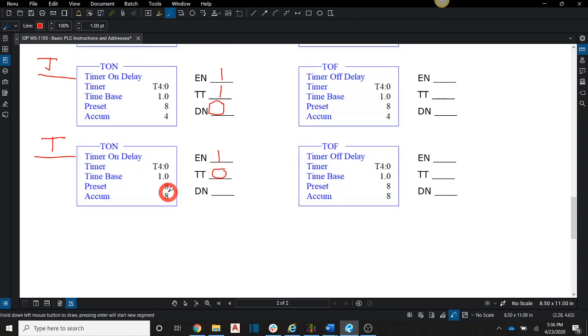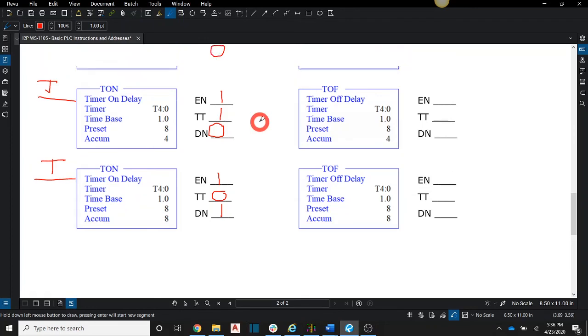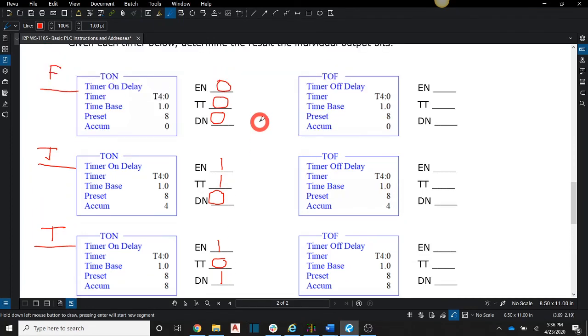And for a time on delay, complete equals done. So in this case, my done bit will be set to a 1. So that is all of the states that a time on delay can be in.